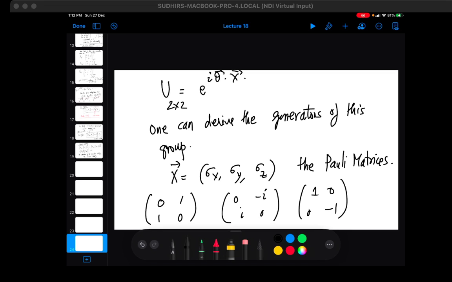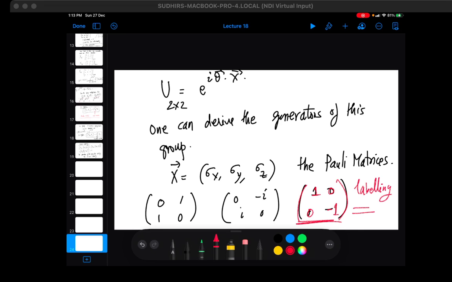Sigma x and sigma y look very similar to the generators of rotations in some sort of a plane, whereas sigma z is a diagonal generator, some sort of labeling generator. This is something new, something different compared to the other ones. It is a diagonal generator which we use for labeling. What I mean by that, I'll tell you in a second.